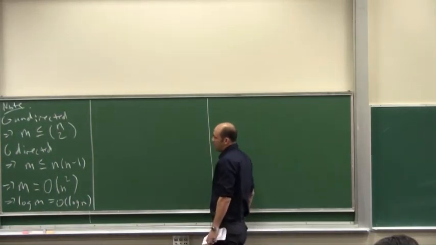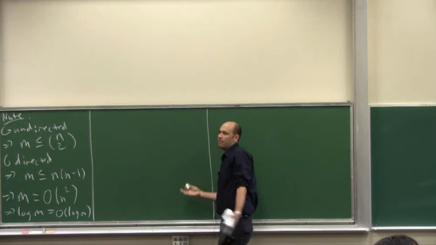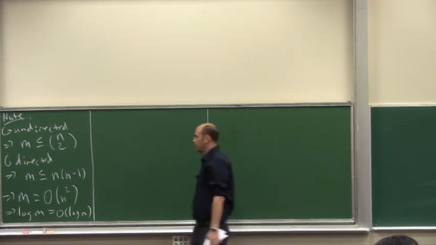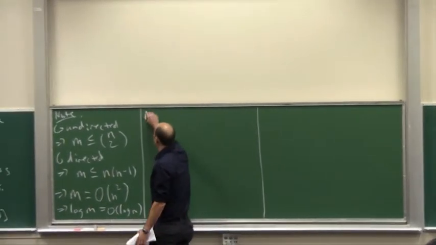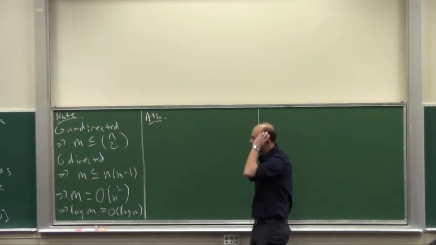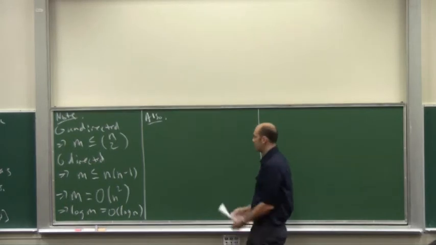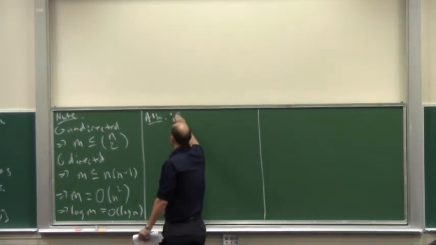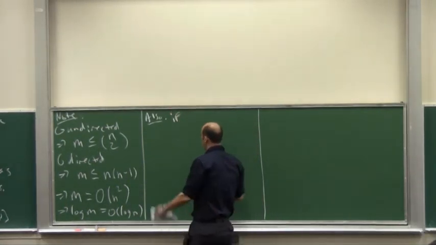So how small could m be? Well, on the one hand, m could be 0, right? You could have a bunch of vertices in an empty graph. That's not that interesting. But for most of the graphs that we talk about, we're going to think of graphs that are in one piece, that are connected in some sense. Maybe just for this question, think about an undirected graph for simplicity.